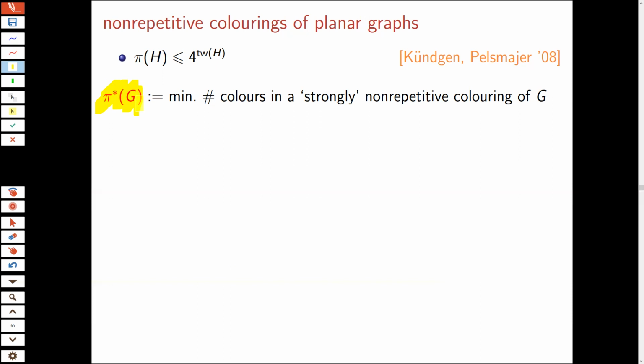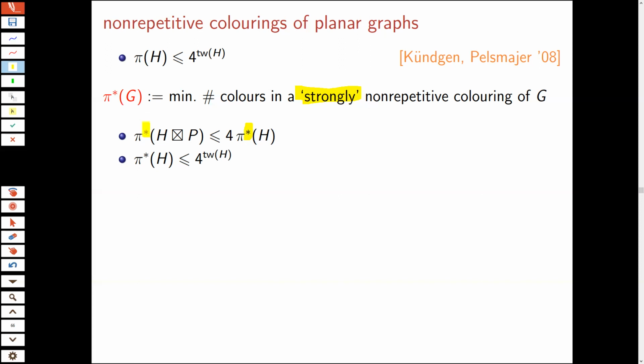Why did we define this? Well, we defined it so that we could prove a lemma about products. And this is the lemma that we needed. We showed that the non-repetitive chromatic number of H times a path is at most 4 times the strong non-repetitive chromatic number of H. So you needed strongly here because you need strong on both sides of this inequality.